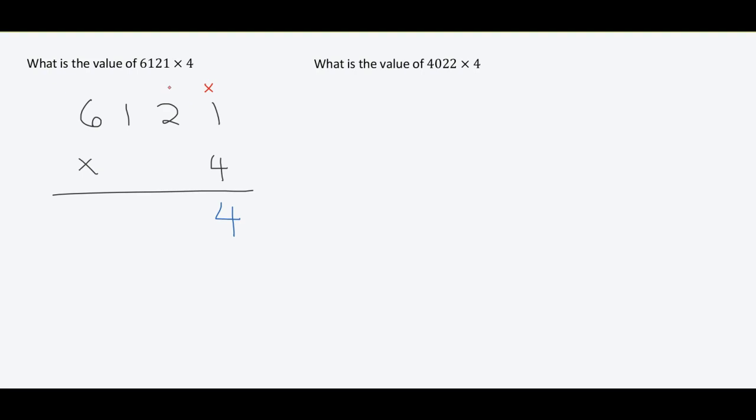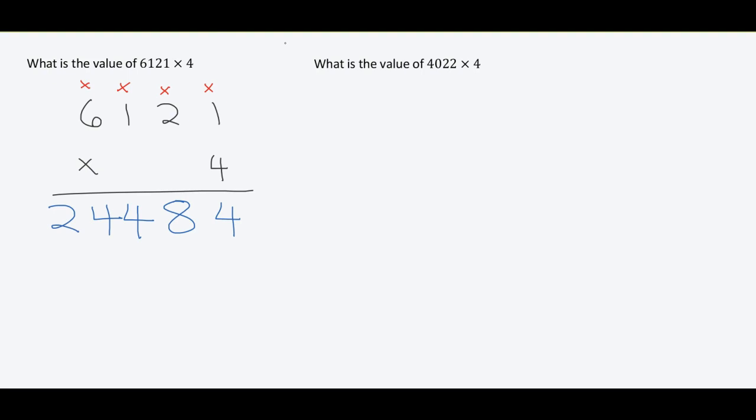Then we move over to the next column on the left. 2 multiplied by 4, we have 8. Then in the next column, 1 multiplied by 4, we have 4. And then final column on the left, 6 multiplied by 4, we have 24.